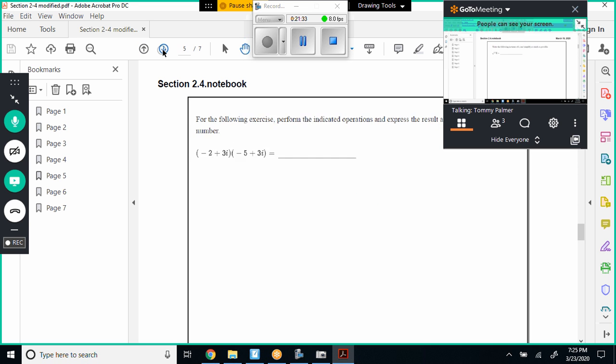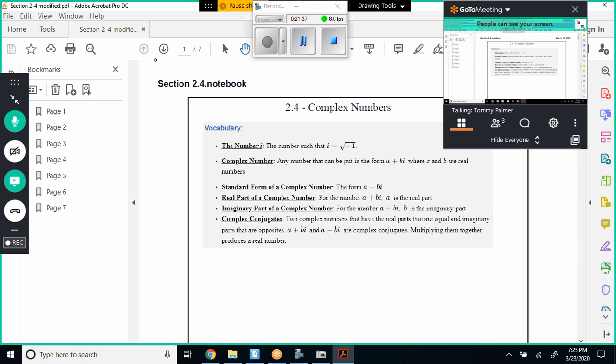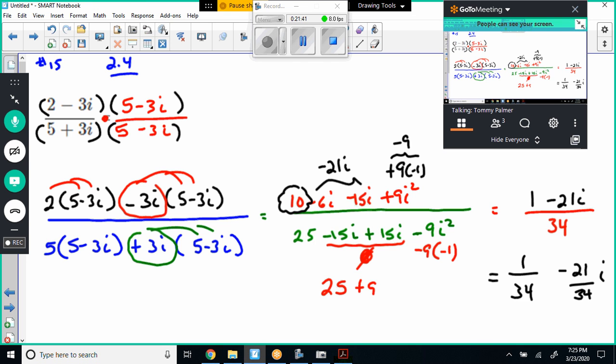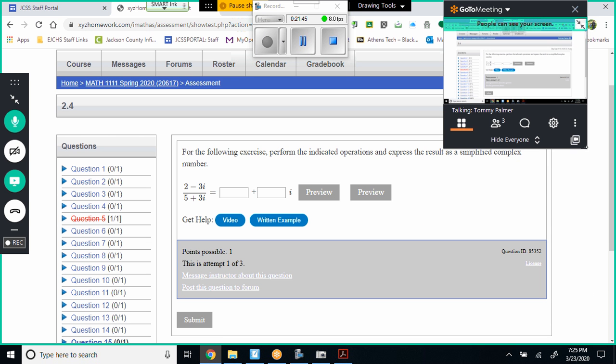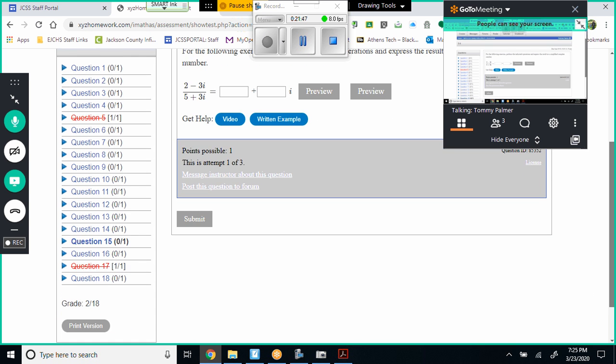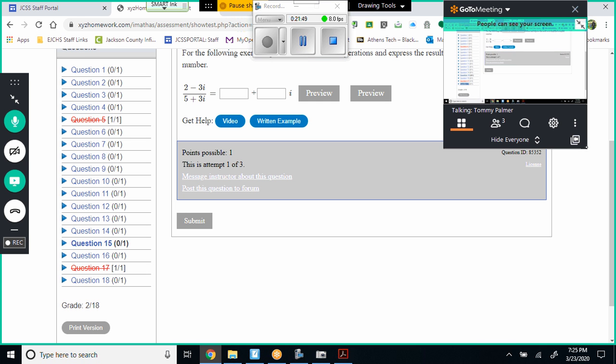That's what I mean by modified, 2.4 and 2.6. And if you look over here at these questions, I took out a couple of these questions.